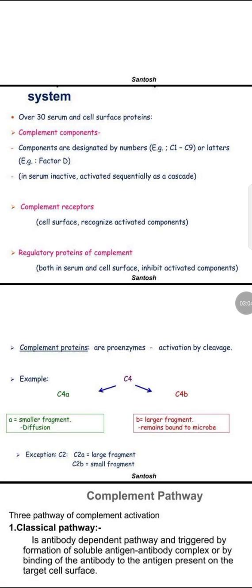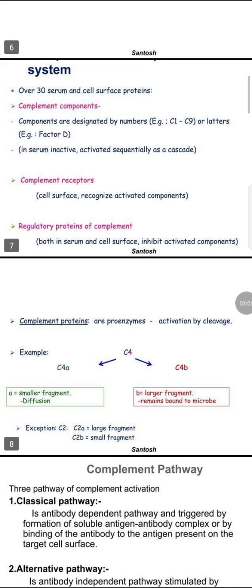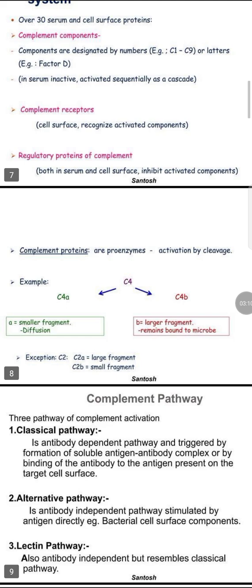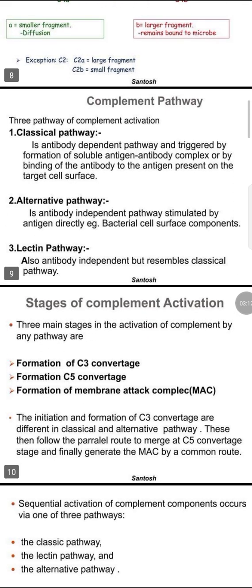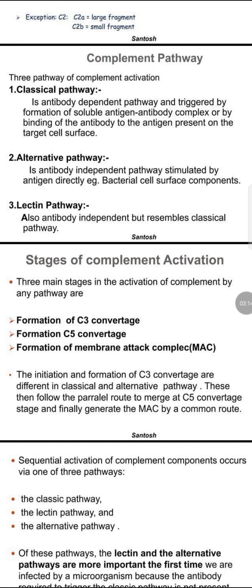So there are over 30 serum and cell surface proteins. That's the complement system. So we've got three pathways of the complement system: the classical pathway, the alternative, and the lectin pathway. The classical pathway simply is an antibody dependent pathway and is going to be triggered by soluble antigen antibody complex.